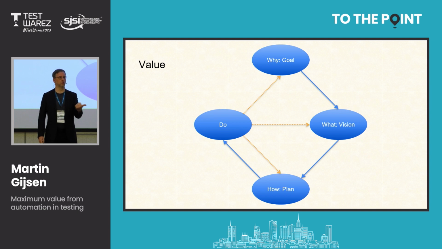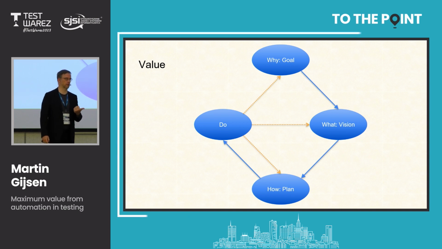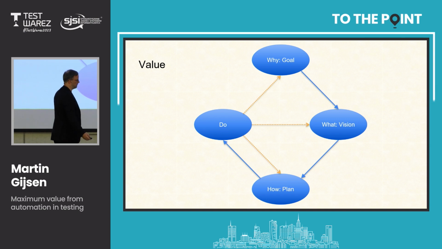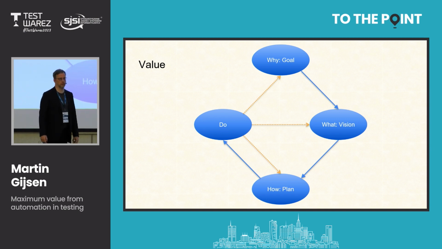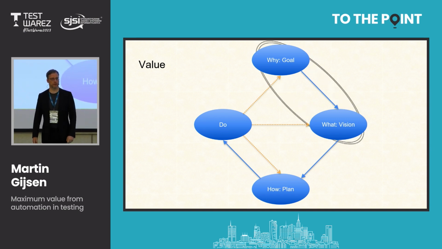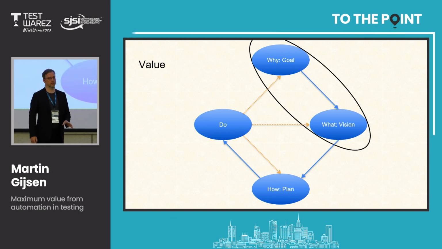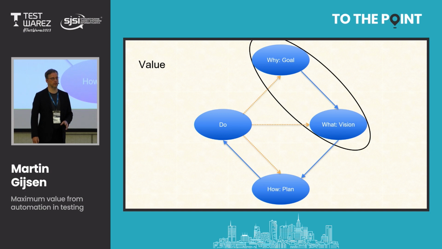We know how to do automation, more or less. Not everyone does it as well as others, of course, but that's the learning process that we're going through. We can plan things. It's not really different for automation than for other things to plan stuff, but it's the goal and the vision that don't get the attention that they require to get that real value.